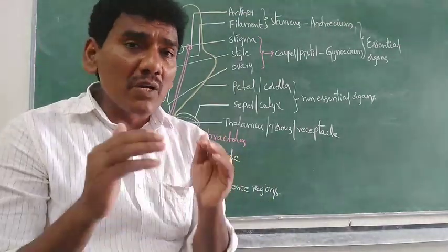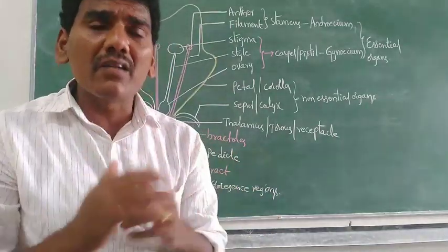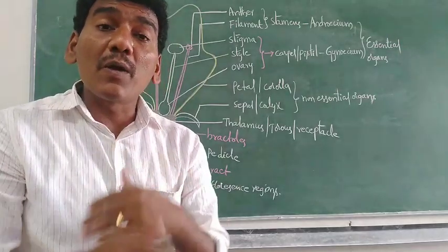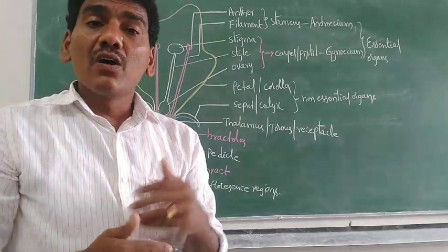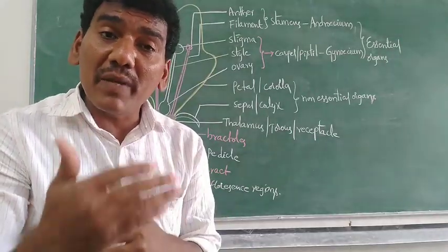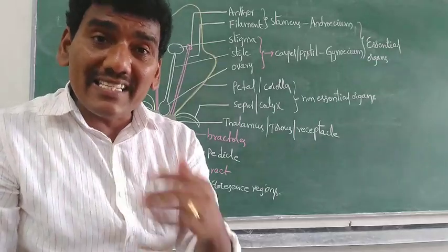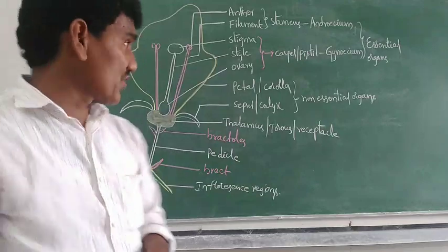What is the main important function of the corolla? The corolla is helpful for pollination. How is the corolla helpful for pollination? Due to the presence of different types of pigments, the corolla attracts different types of insects and birds for pollination purpose.